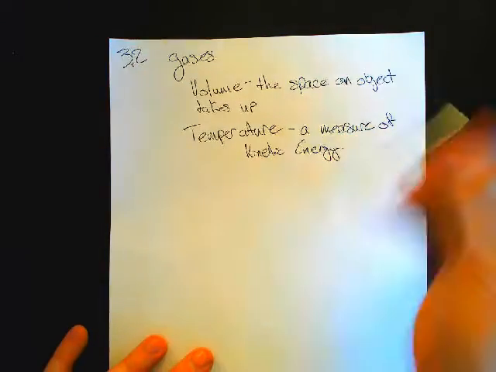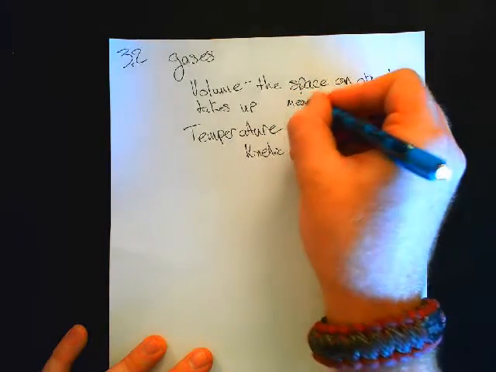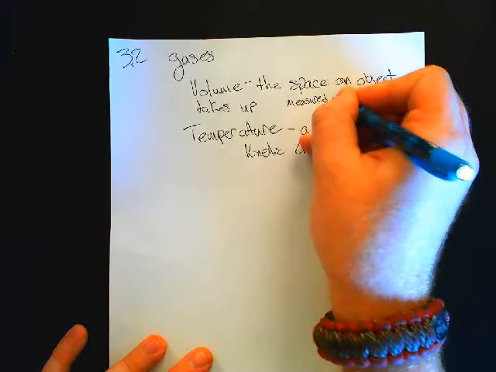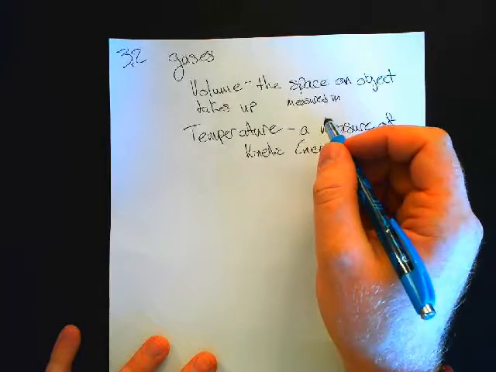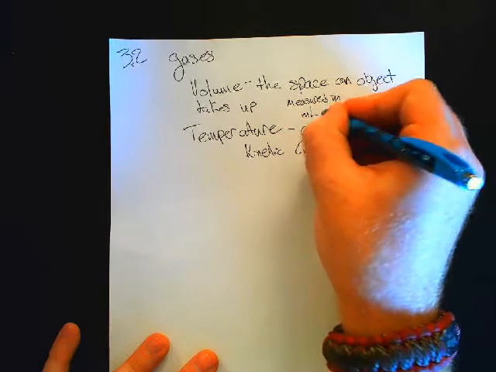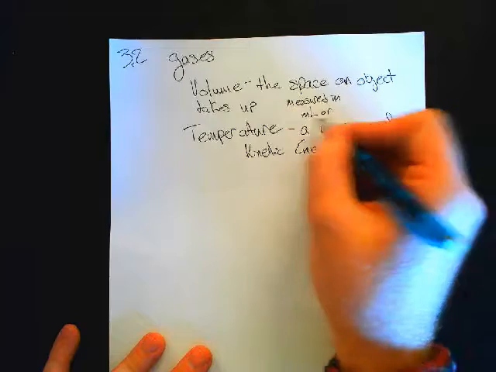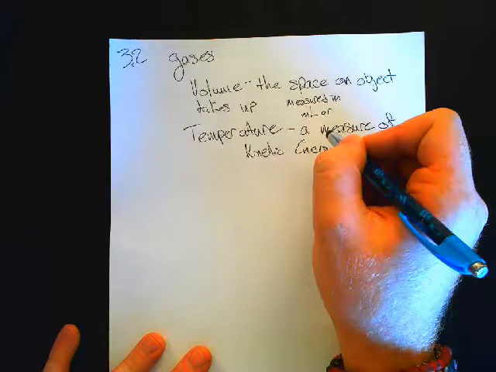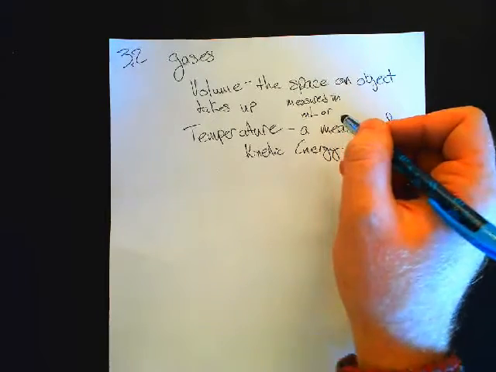Okay. For volume, what are some things that I could measure that in? What have you already measured volume in this year? Milliliters. Or liters is good. What else have we measured volume in?